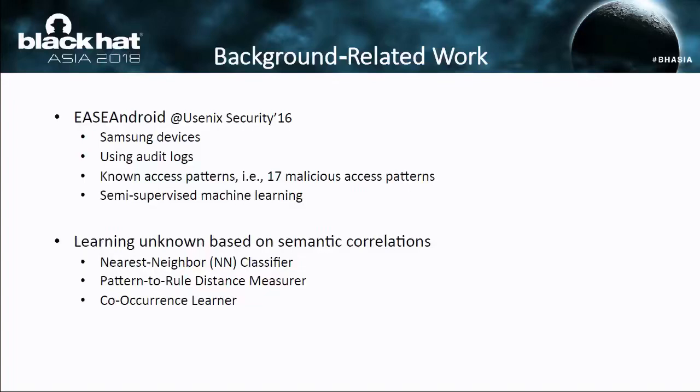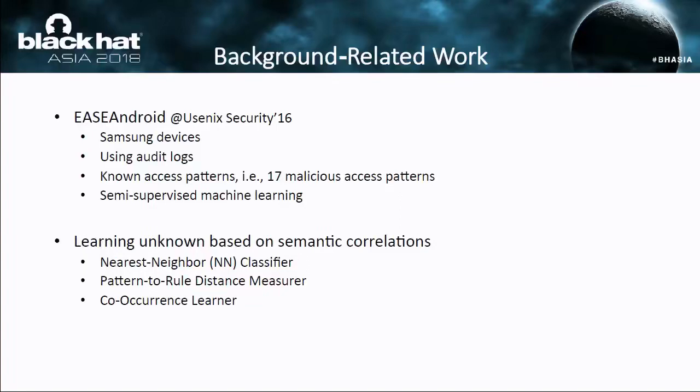First, they use the nearest label classifier. This is very simple, so I will not explain. The second is the pattern to rule distance measure. It measures the similarity between the rules defined by the policy engineer and the malicious access patterns. And the last one is the occurrence learner.